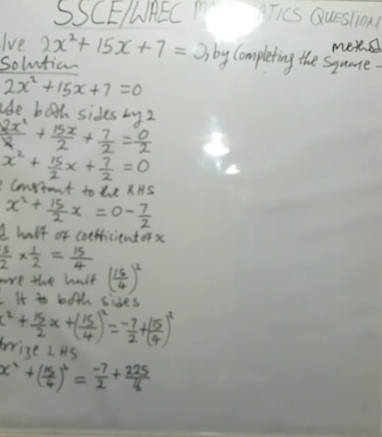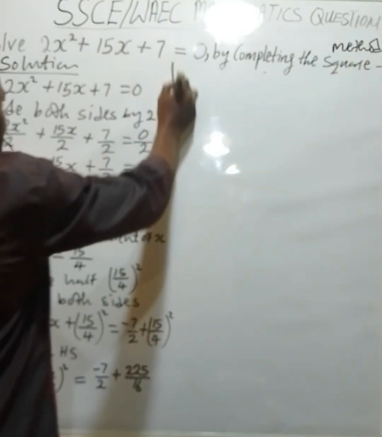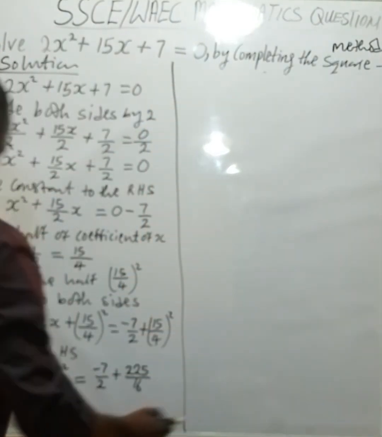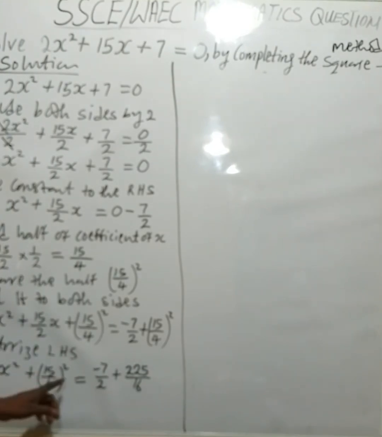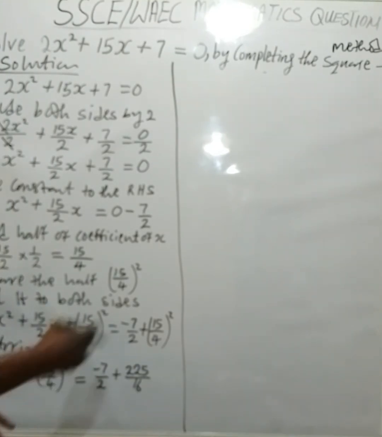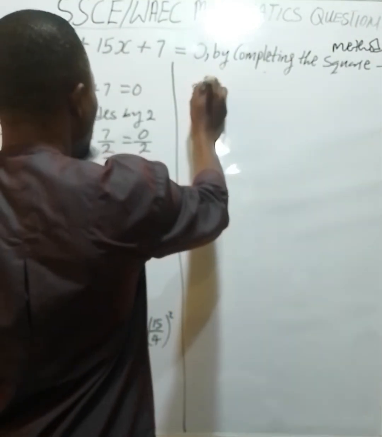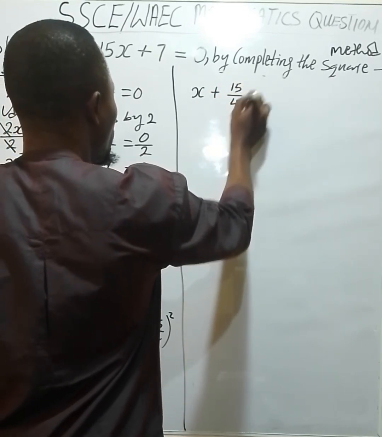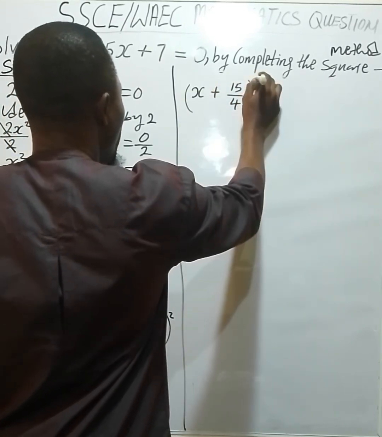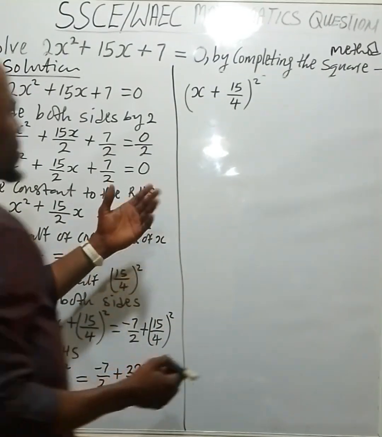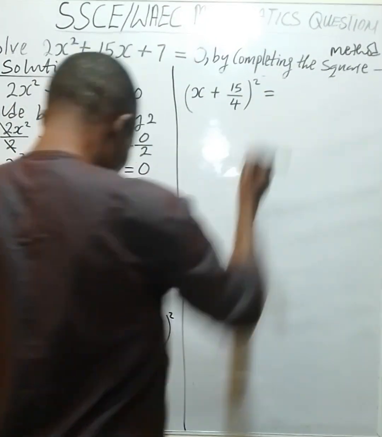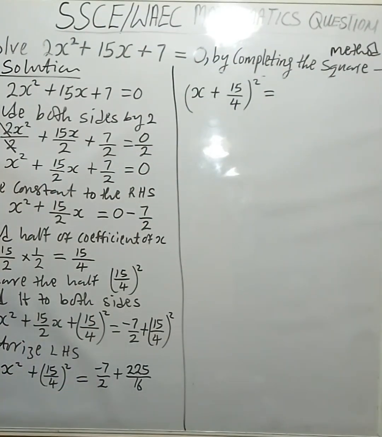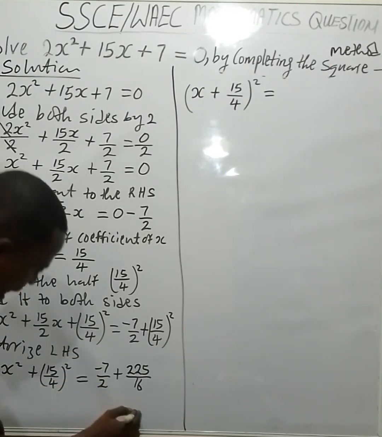Are we together now? Having done that, the next thing we are going to do now is we have a square here, we have a square, so we can group them together. It will now give us x plus 15 over 4 all squared equals, so in this case we are now going to find the LCM.